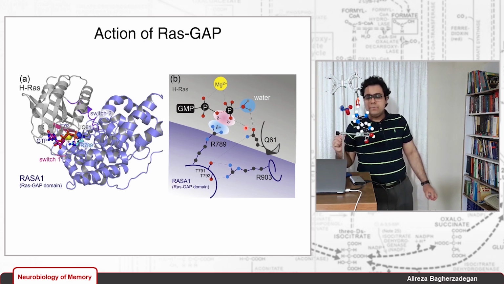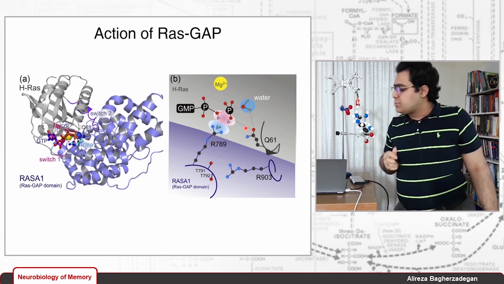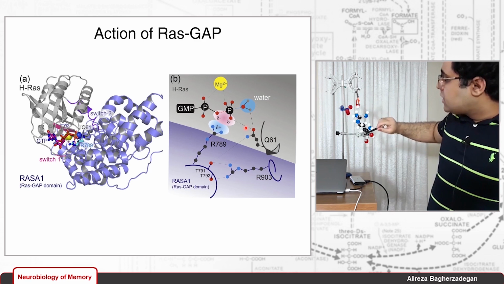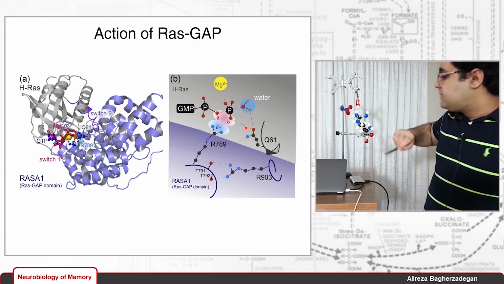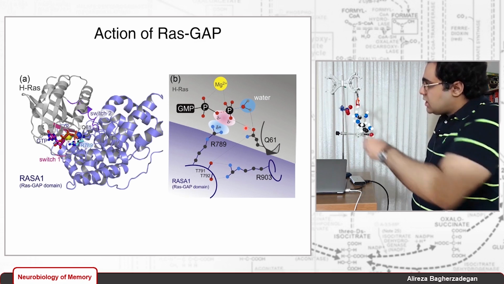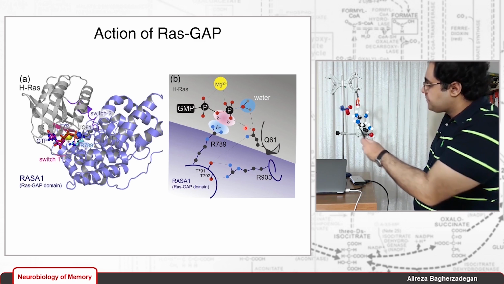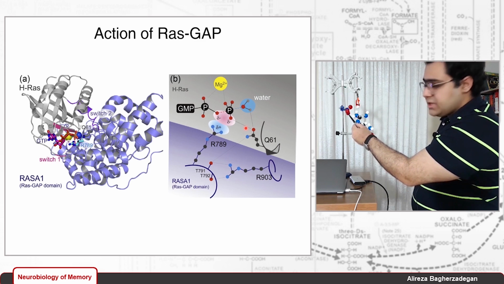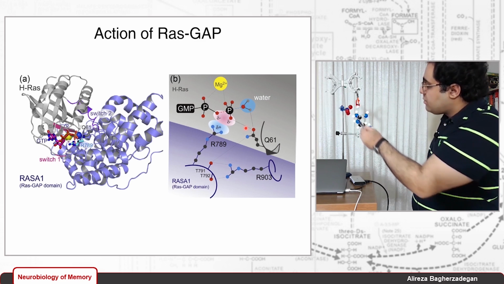First of all, I have to apologize because I didn't have a lot of these molecular kits, so my model is not very complete, but it has the essential parts. So this is that arginine finger inserted by GAP into this GTP binding pocket.